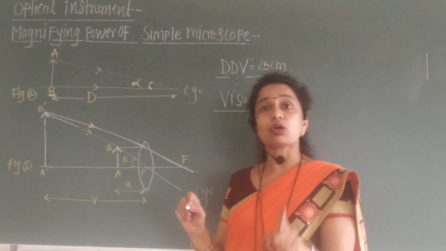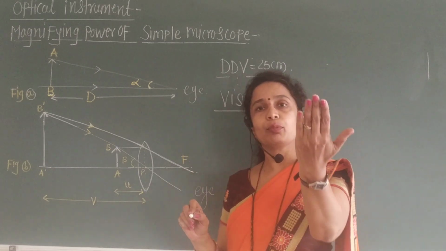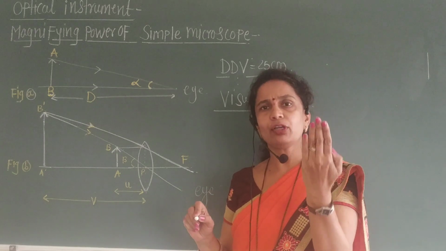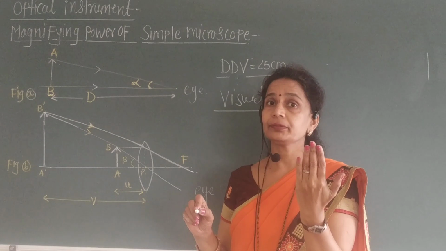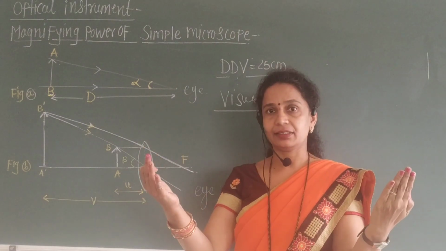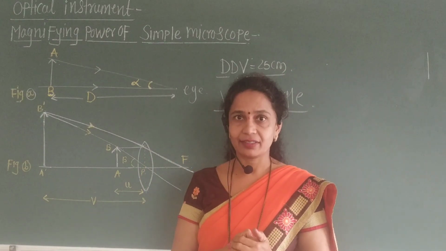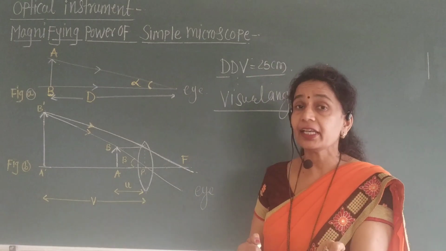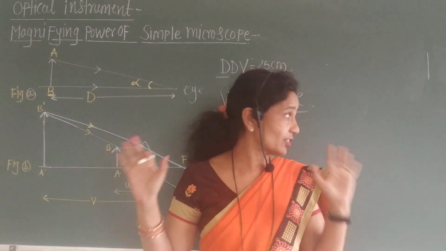When we bring any object closer to our eyes, what happens? Clarity increases, and this visual angle increases and therefore clarity increases, but there is a limit to this distance.